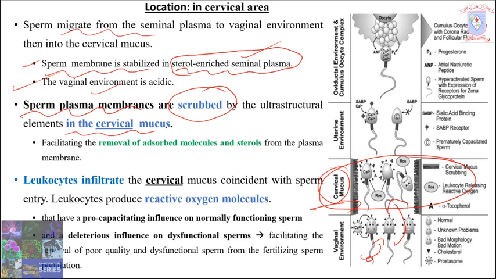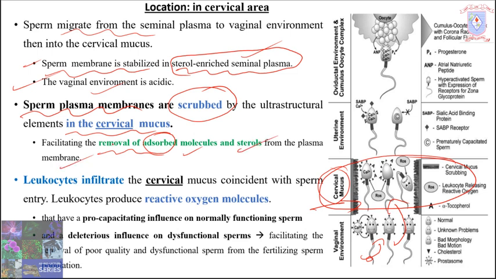This continuous scrubbing between the sperm plasma membrane and the cervical mucus changes some structures in the sperm plasma membrane that facilitate the removal of adsorbed or linked molecules and sterols from the plasma membrane of the sperm.